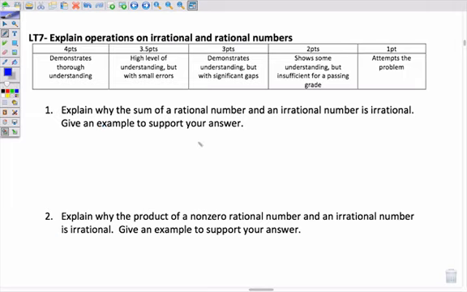And so we talked about it a little bit in class, that basically if you have an irrational number, like square root of 7, that decimal goes on forever and ever. And there's just tons and tons of digits.